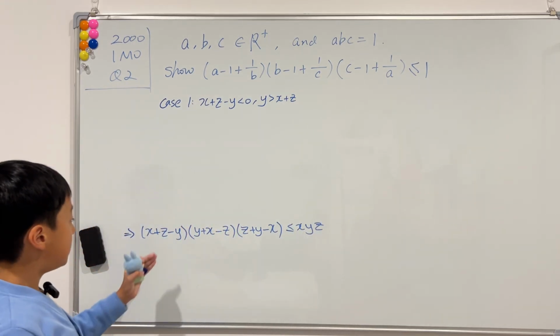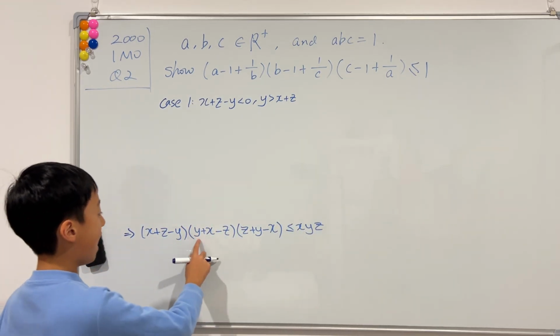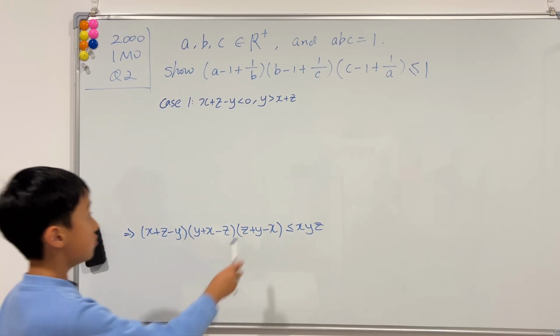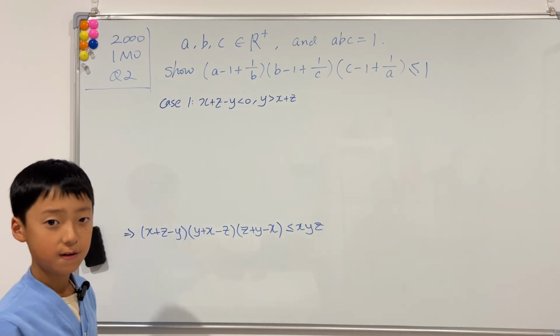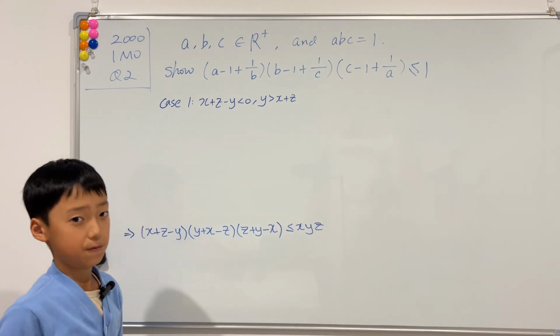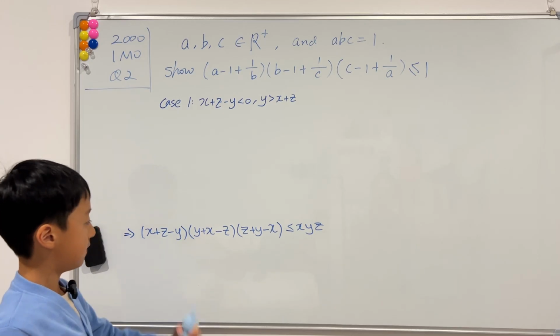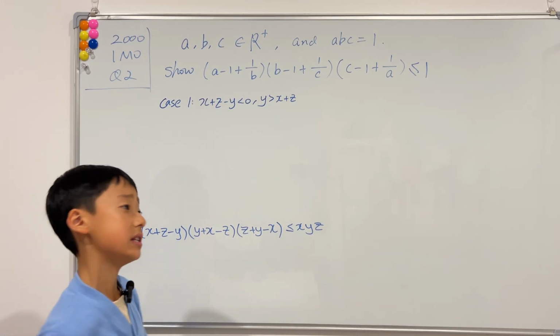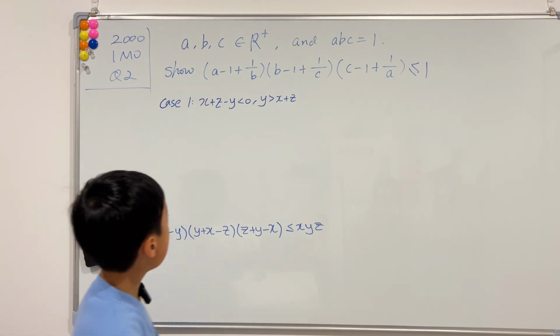So, we know if this is negative, then we have y minus z plus x, which, using this inequality, is positive. Same logic for this bracket, using this inequality, is positive. Negative times positive is negative. So negative is obviously less than positive.